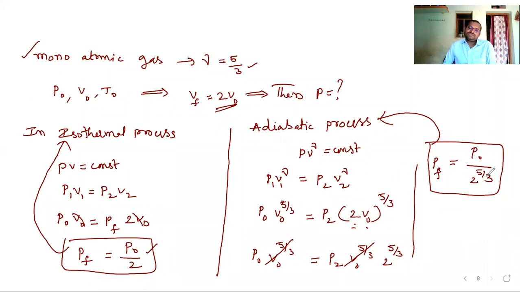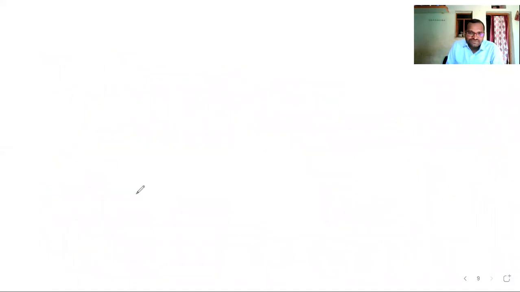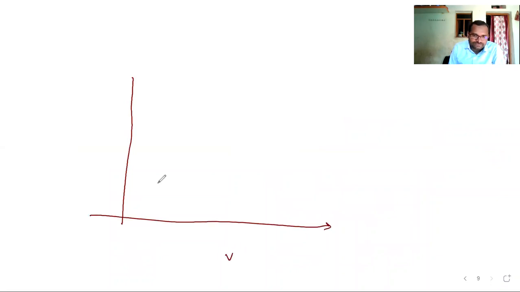Clear? That means if you take this as volume and this as pressure, initially from P0, two processes are moving. One process occurs like this, and this volume is 2V0.